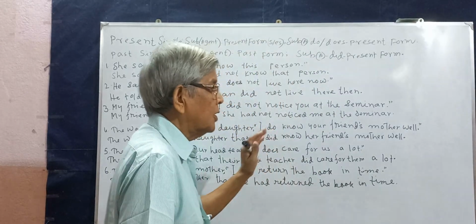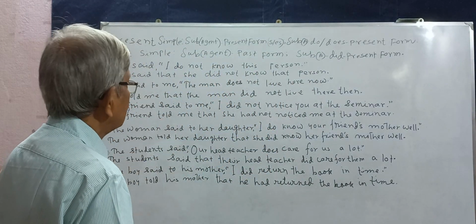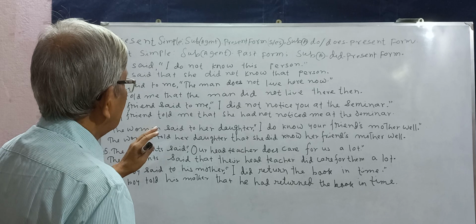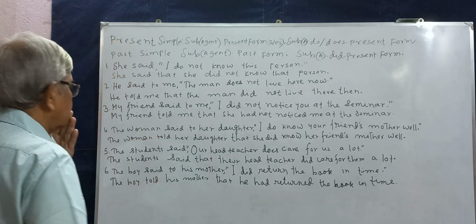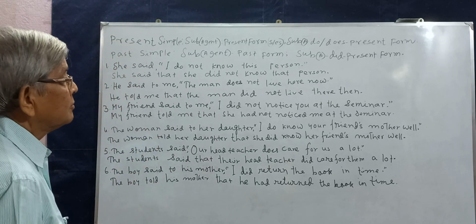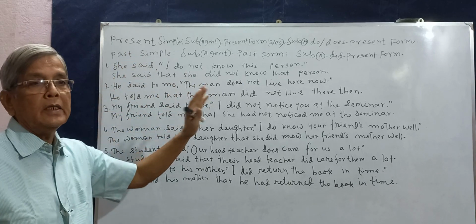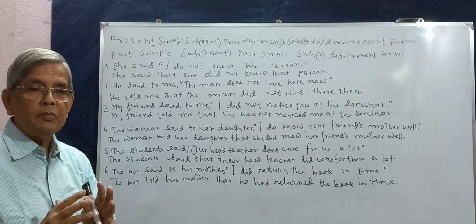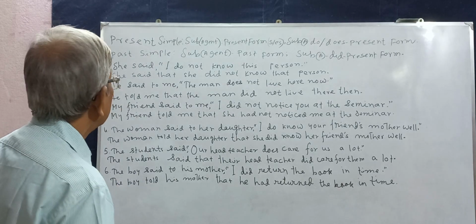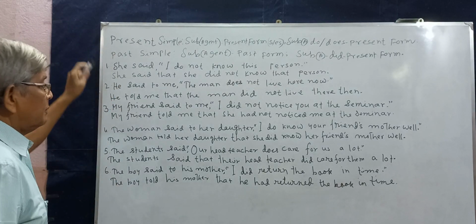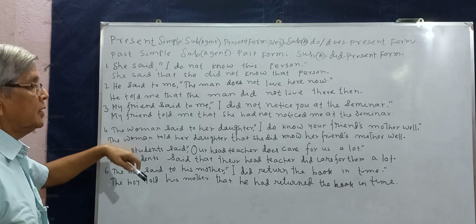Let us now consider the three categories of sentences one by one, and let us try to learn how we can manage the helping verb to do, that is, do, does, and did, while changing speech from direct to indirect. These are all statements, that is, declarative sentences.